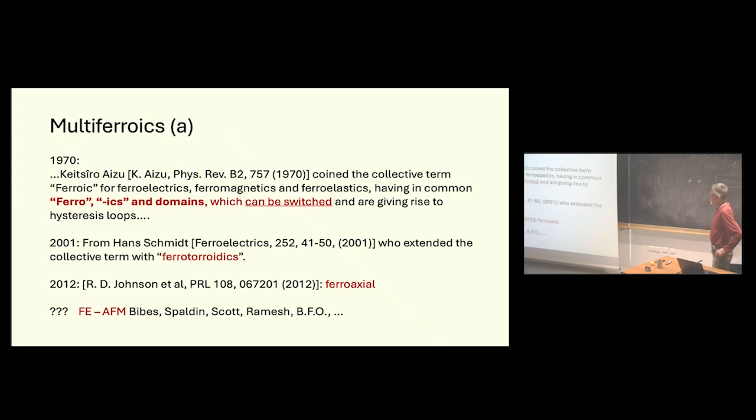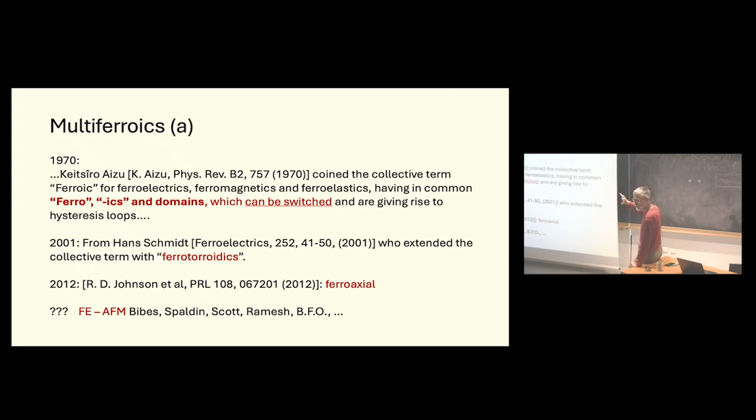And I don't like to change the current paradigm or definition or something like that, but when you read the literature, it's sometimes good to know the historical perspective. So multiferroics actually came from the ferroic term, which according to the paper by Hans Schmid in 2001, this is a quotation from that paper, was actually coined by Aizu, who was introducing the species.